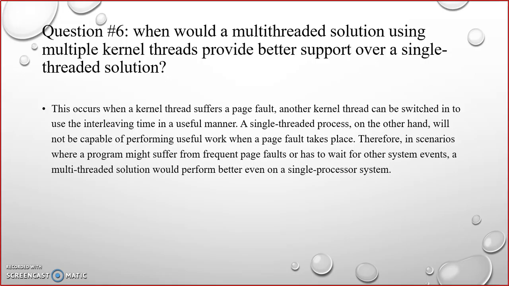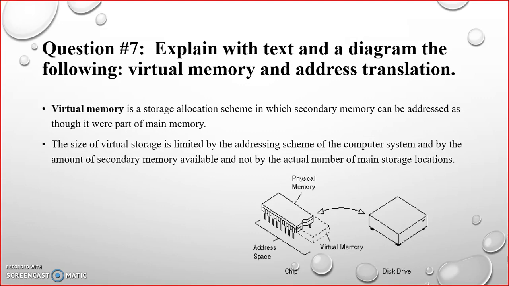A single threaded process, on the other hand, will not be capable of performing useful work when a page fault takes place, and that is the main difference between the two. Therefore, in scenarios where a program might suffer frequent page faults or has to wait for other system events, a multi-threaded solution will perform much better, even on a single processor system. Thank you.